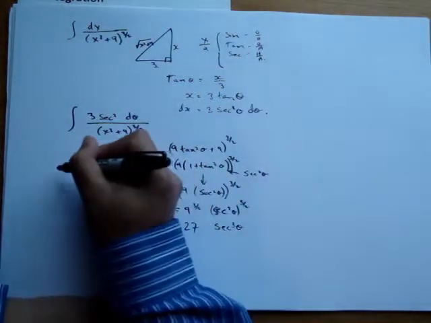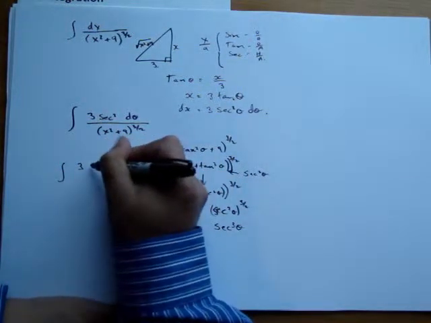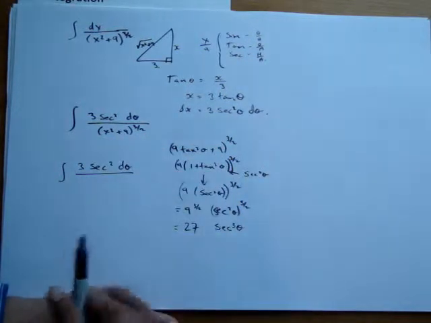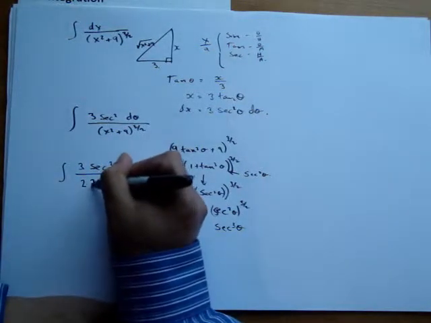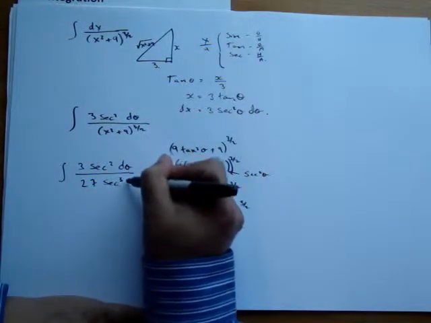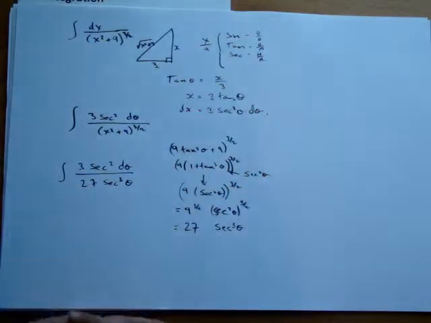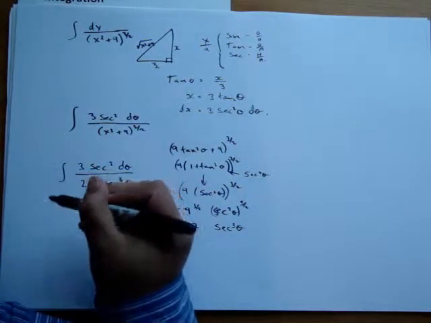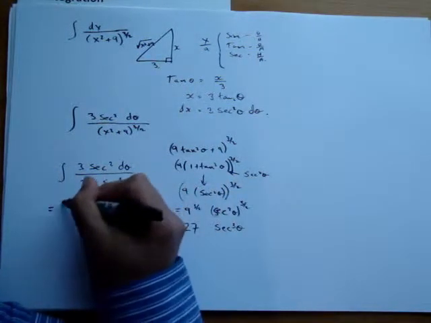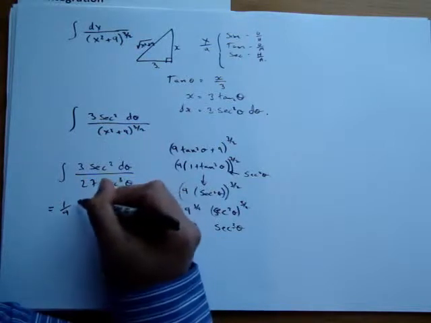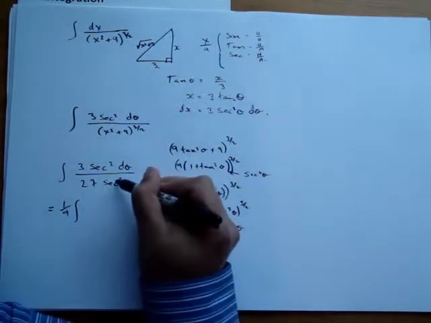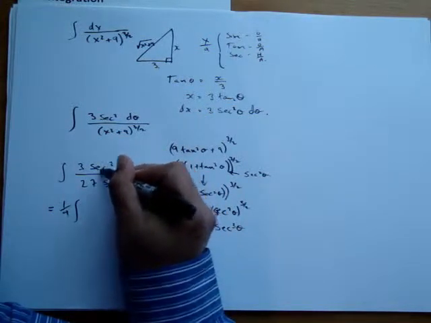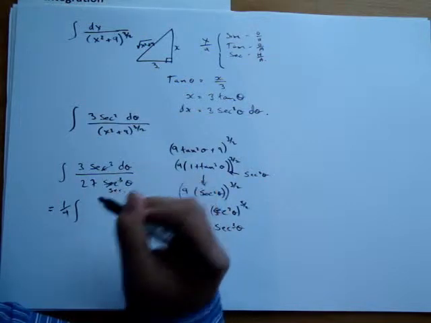So this then becomes integral of 3 sec squared theta d theta all over 27 sec cubed theta. When we cancel out, it becomes 1 over 9 integral of, cancel the 3 over the 27, and we're left with just 1 sec here.